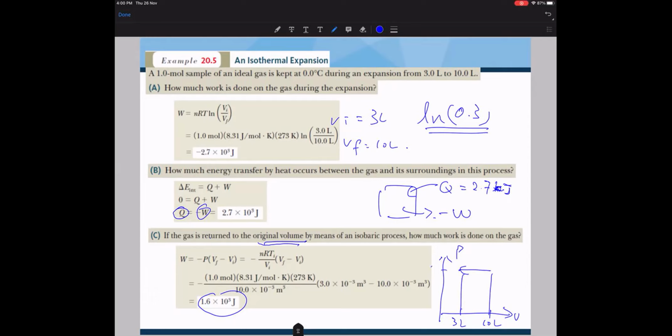So P, that is how we do the calculation for part C. And it's minus P delta V for the isobaric process. We would have some more of these types of calculations later when we work on, I think, the heat engines. We will see later.